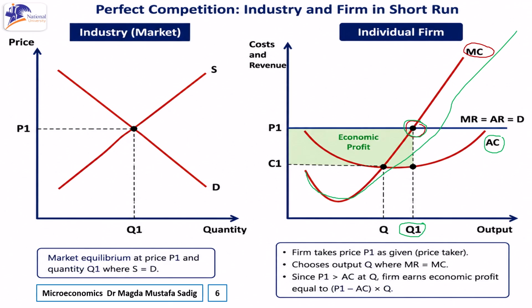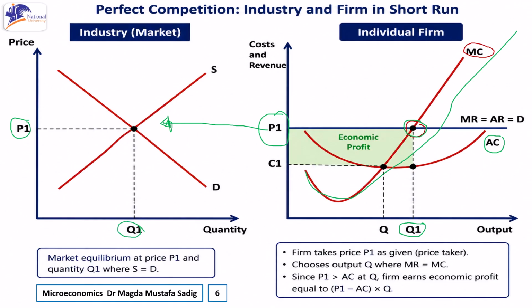Where does P1 come from? It comes from the industry supply and demand curves, where the intersection of the supply produced by all firms in the market and the demand by all buyers in the market is situated at P1 and Q1.